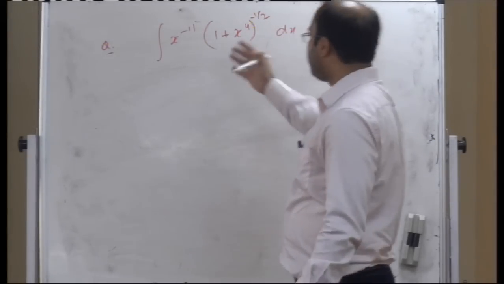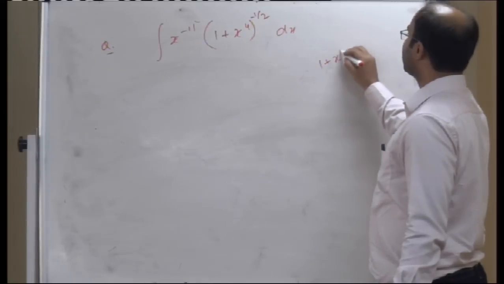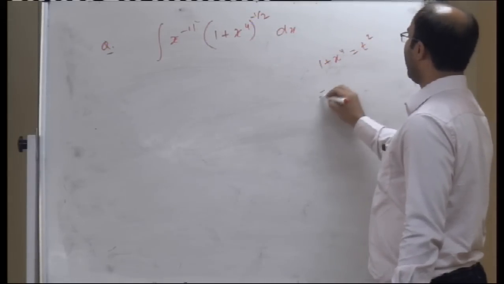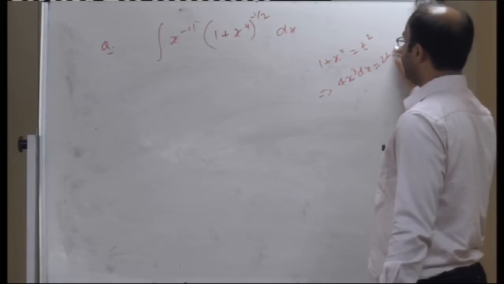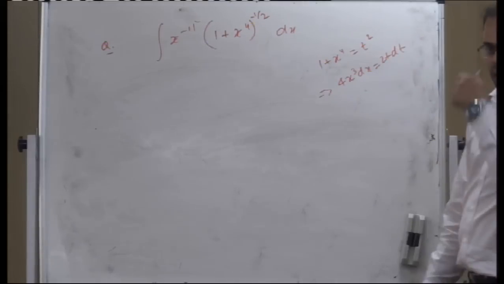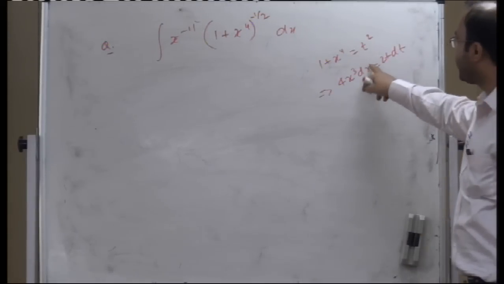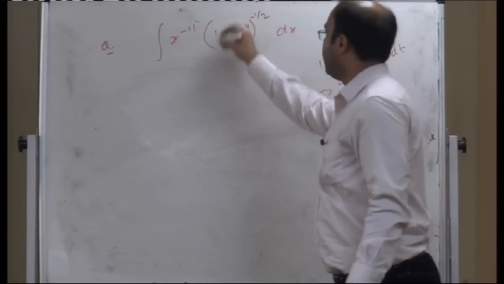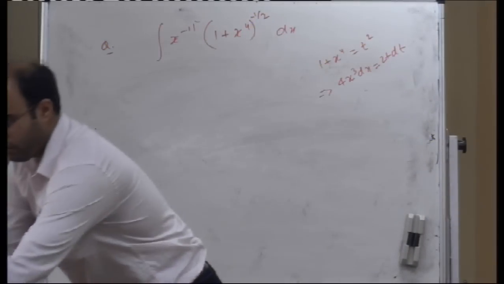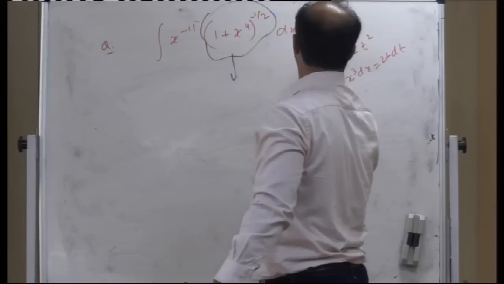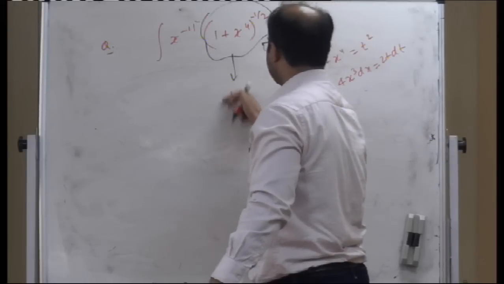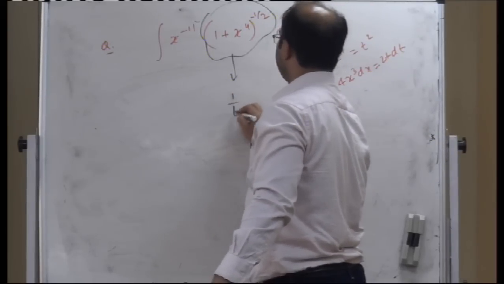But when we put 1 plus x to the power 4 as t square, what happens? We get 4x cube dx as 2t dt. Now 4x cube dx is 2t dt, and this part would become t to the power minus 1, that is 1 by t.